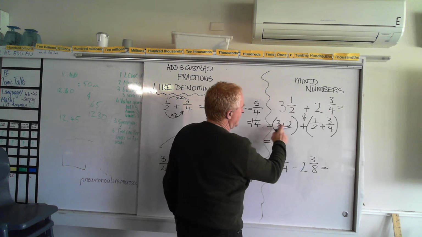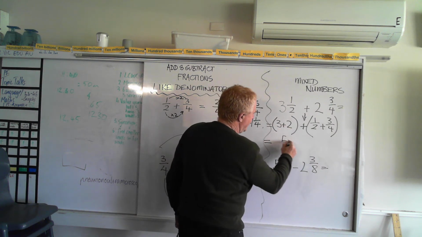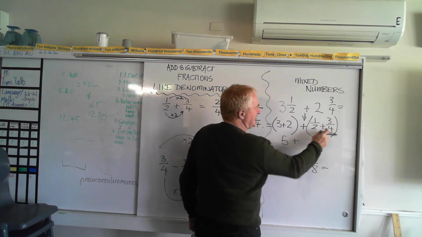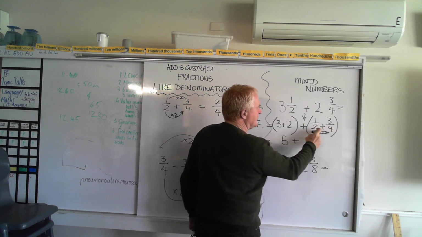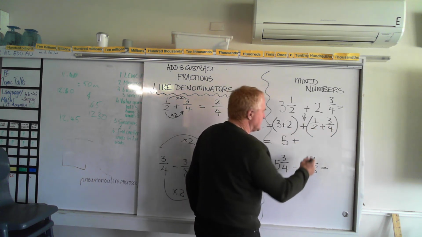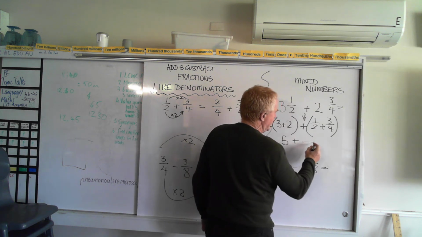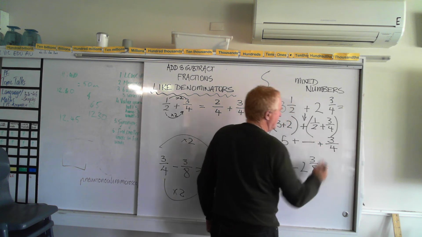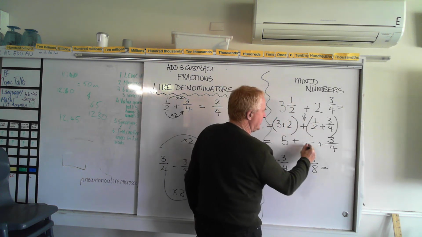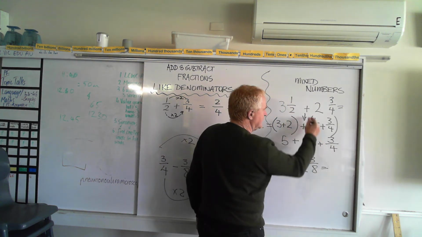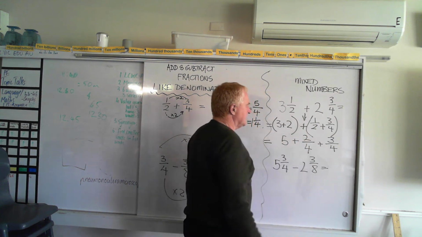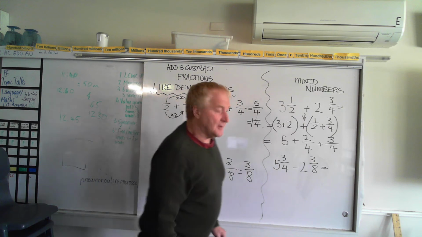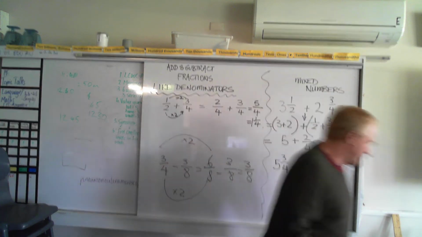Next one. 3 plus 2, 5, plus, can't do that, can they? Halves and quarters, but we can do quarters. And we can turn a half into quarters. We double it, so we double it. And the answer is 5 plus, we get this out of the way.